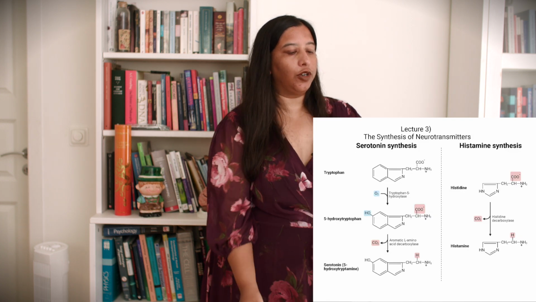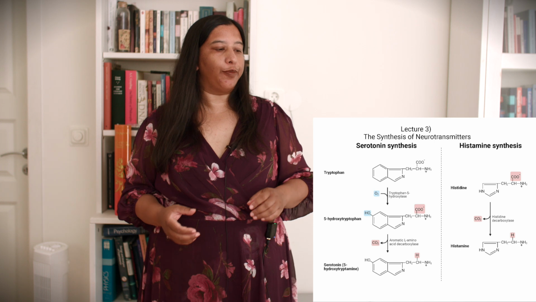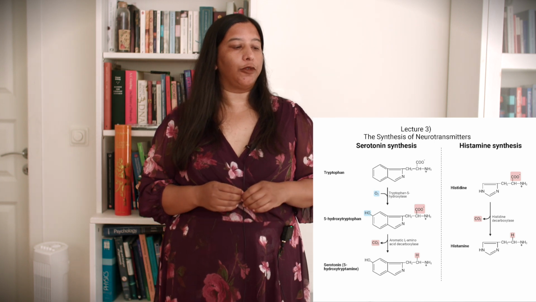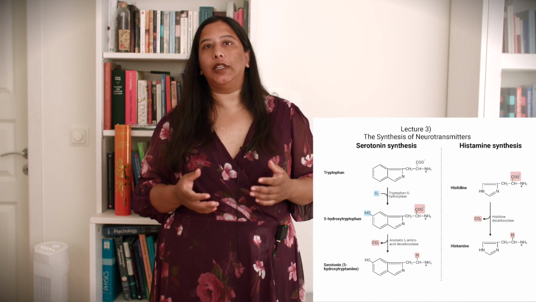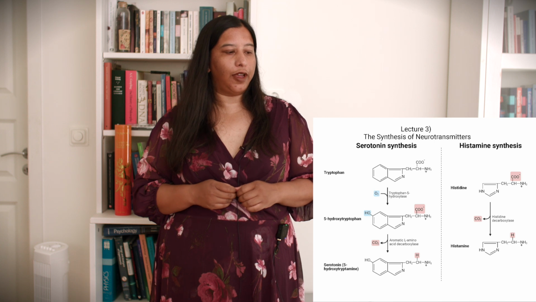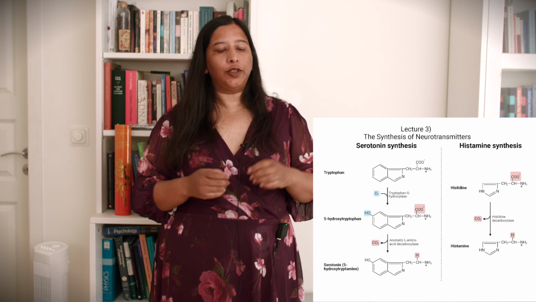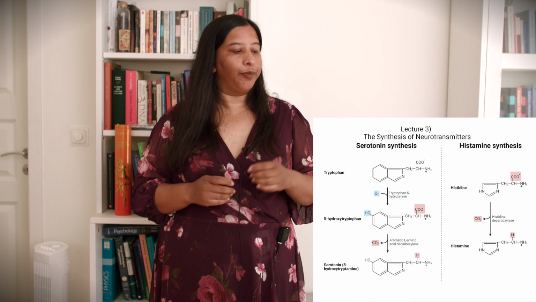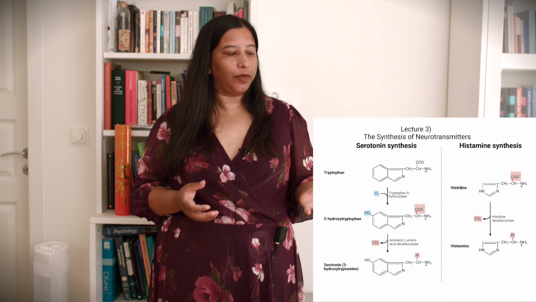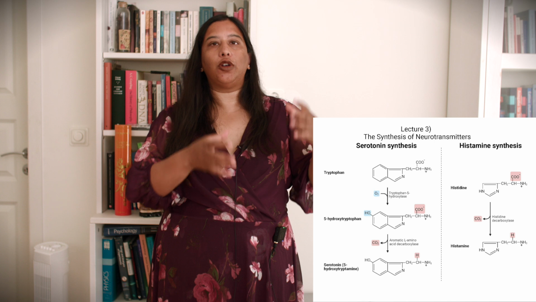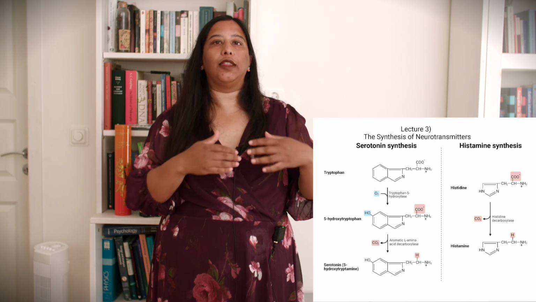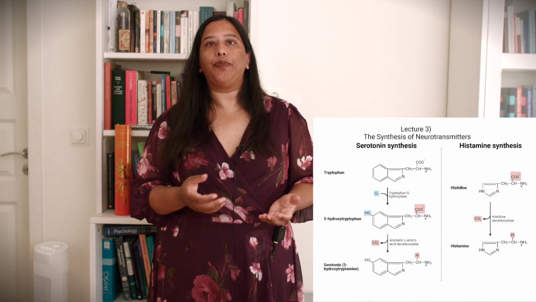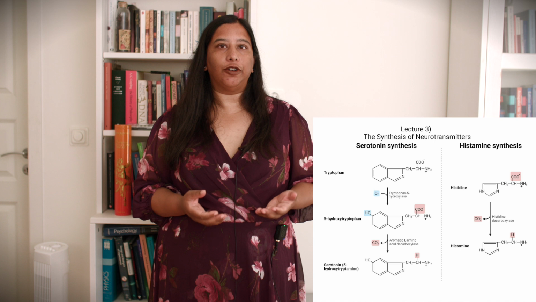In the following lecture, in lecture 3, we will talk about the most common synthesis pathways of these neurotransmitters. And neurotransmitters are made by the help of enzymes. They take precursor molecules and modify them, and then we get active neurotransmitters.